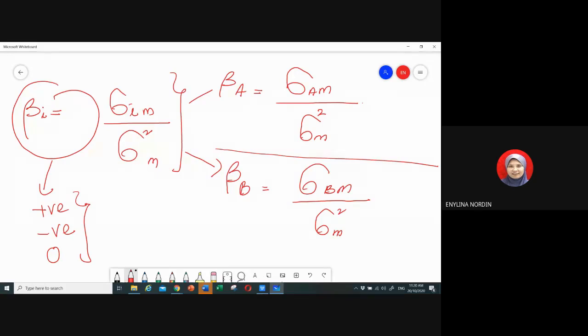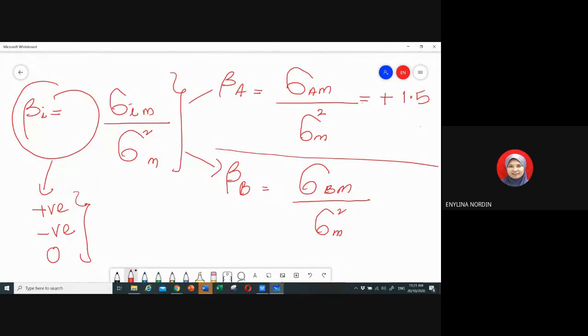Okay, so let's say, now, we calculate the beta of stock A. Let's say kita dapat positive 1.5, right? Positive 1.5. So what's the meaning of positive sign?